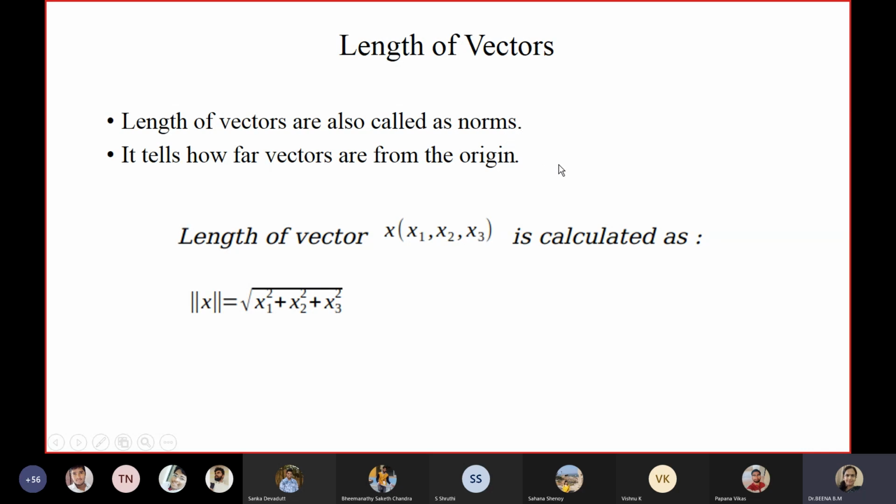What does it say? It tells us how far vectors are from the origin. How is the length of a vector calculated?